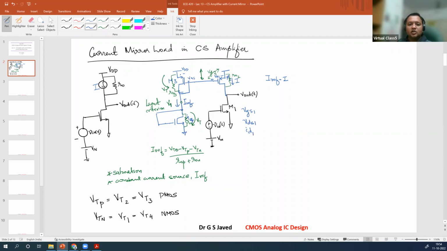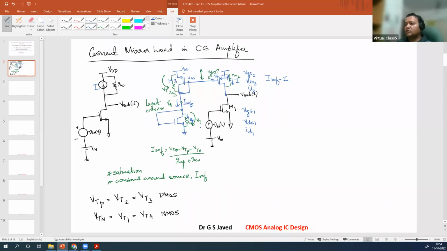All the others, you will have different small signal, large signal values. Another transistor for which we will use the small signal values is the current mirror transistor, VGS2, VDS2, and ID1 will be equal to ID2. The same ID will typically flow.